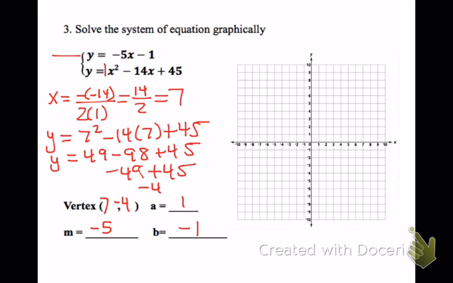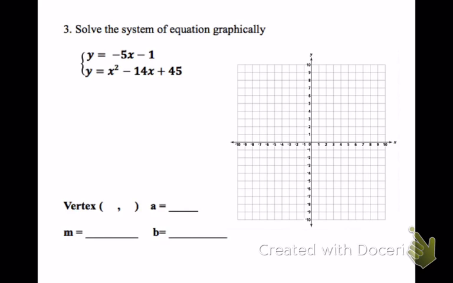I'll do the line first. So here it is. I start at -1 on the y-axis, and I'm going to go down 5 over 1. Then I'm going to go backwards, up 5, back 1, up 5, back 1, and draw my line.